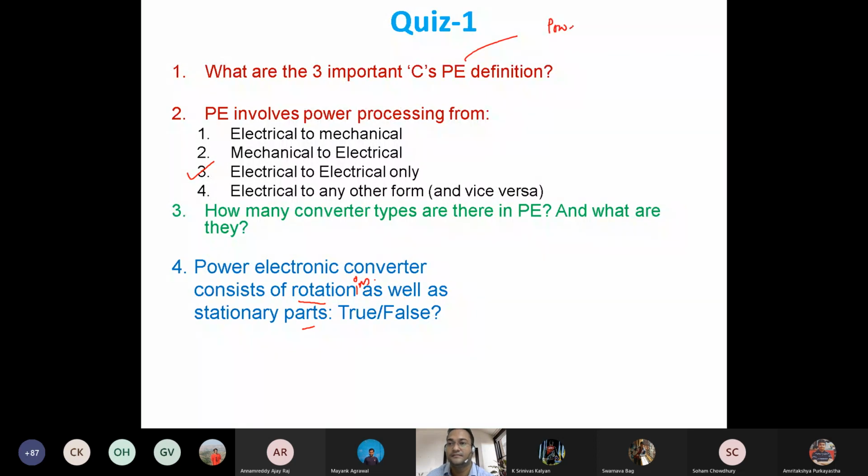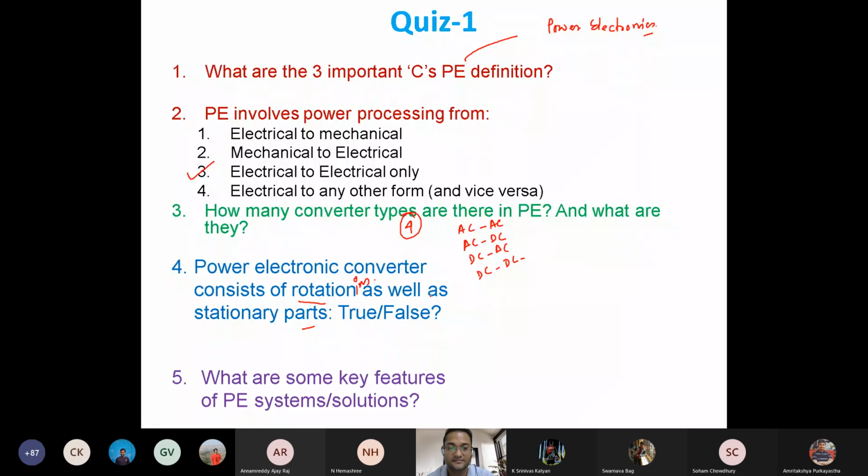Four, right? What are they? AC to DC, DC to AC, DC to DC, and AC to AC. Good. Very good. Pretty easy, huh? Power electronics is actually very easy. Okay. Last question.